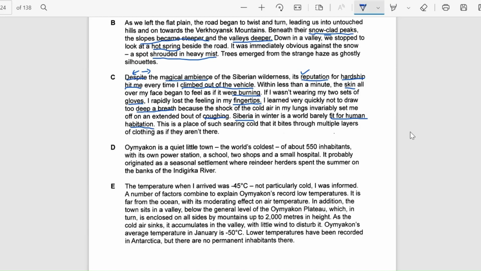And even multiple layers of clothing made the cold bite him. Okay, so all this is being talked about. Now what we see is he climbed out of the vehicle. The author climbed out of the vehicle, and that is what he faced, right? So, which means it's talking about moving out of a place.